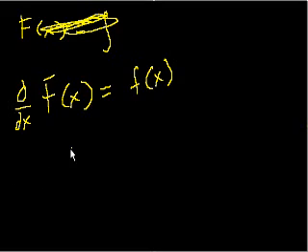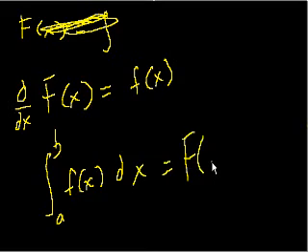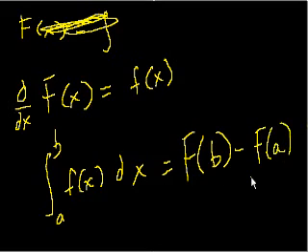I have to go make sure. I haven't done math in a long time, so I'm giving you all of this based on intuition, not necessarily what I'm reading. But the derivative of big F is this small f, and all we're saying is that if we take the integral of small f of x from A to B dx, this is big F, its antiderivative at B, minus the antiderivative at A.